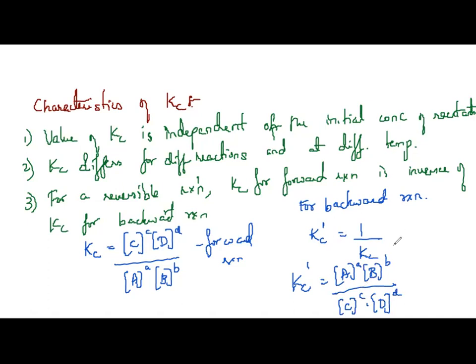This is what we write for the backward reaction. So in general, the equilibrium constant Kc for the forward reaction is the inverse of the equilibrium constant Kc for the backward reaction.